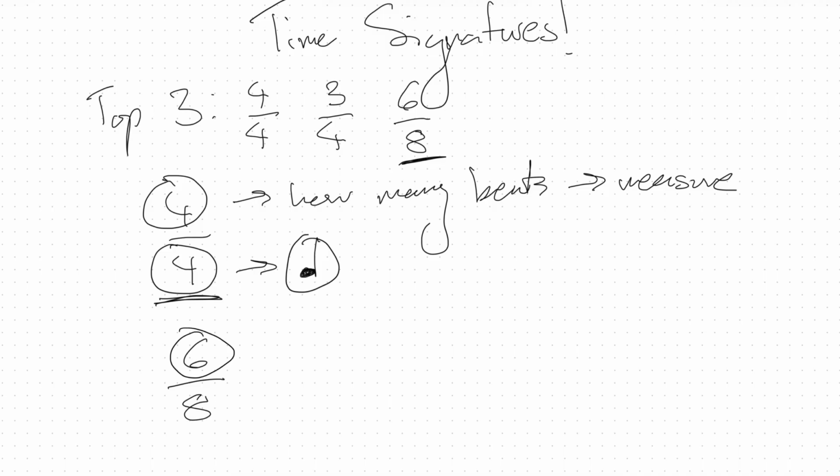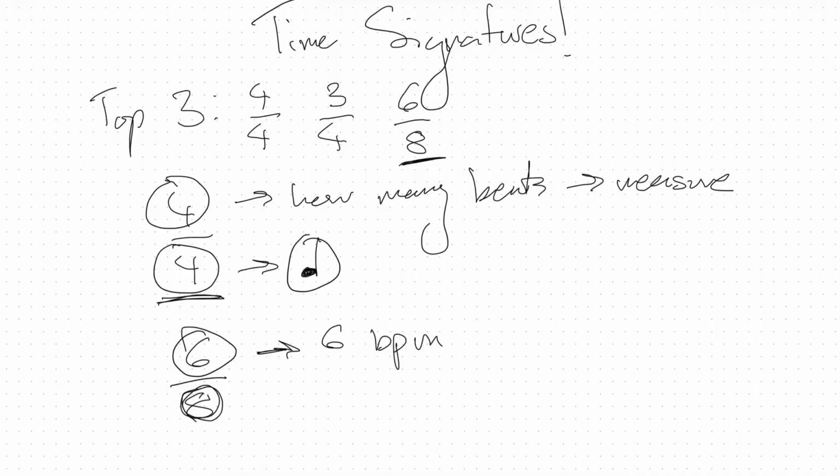Now, in the 6/8 time signature, we all know what the top number means. That means we get 6 beats per measure. And the bottom number, I know now you're a little confused because 4 meant a quarter note. What does 8 mean? Well, you have to think of it as fractions.